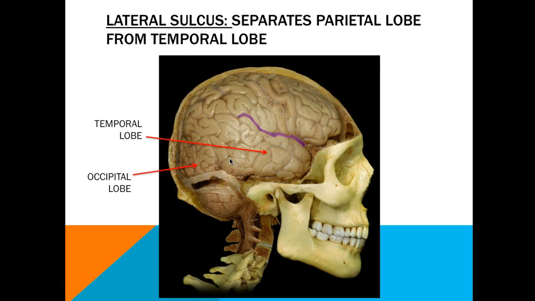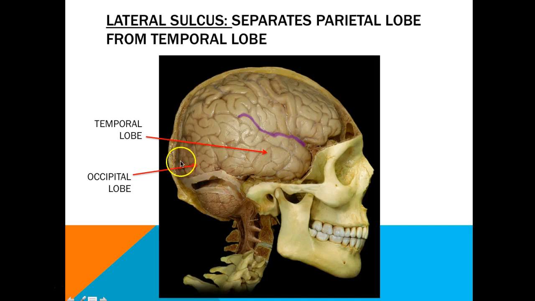Now let's move into some new terminology. Sitting between the temporal lobe over here and our parietal lobe, which would be above over here, is our lateral sulcus. So once again, this sulcus is a depression, and it separates this temporal lobe from the parietal lobe.